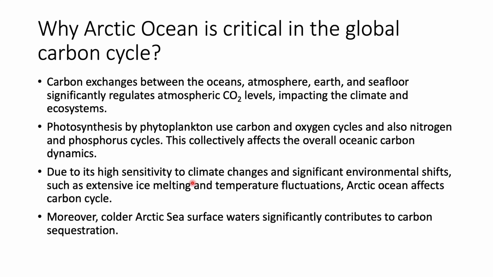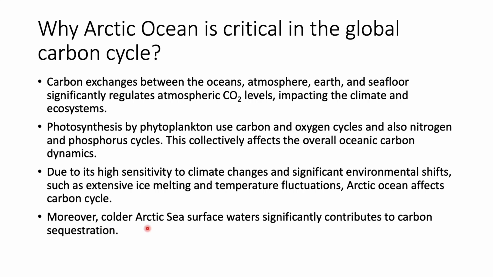Due to the high sensitivity to climate change and significant environmental shifts, such as extensive ice melting and temperature fluctuations, the Arctic Ocean affects the carbon cycle, because we have earlier seen Arctic amplification. Because of climate change, the temperature in the Arctic region increases, so that leads to ice melt.